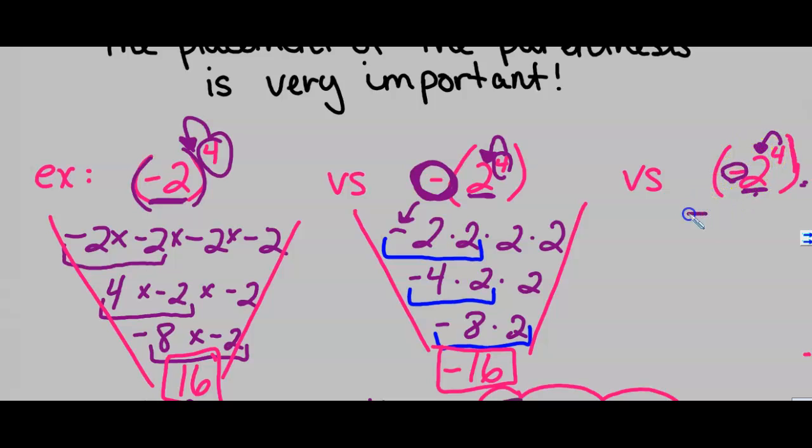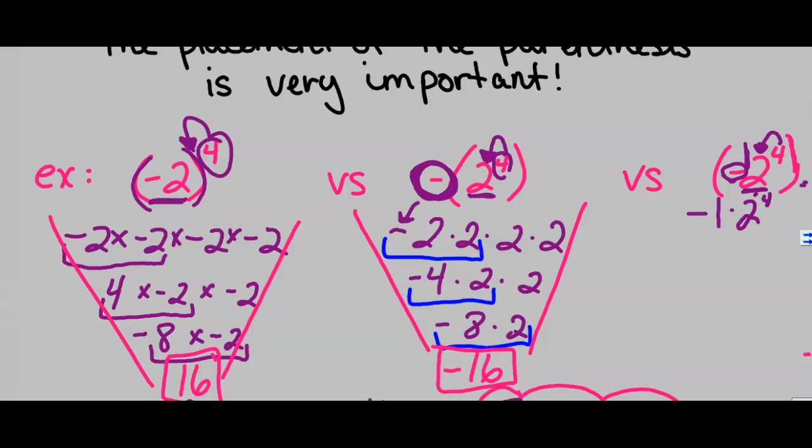Here's why. I can just input a 1 and say this is the same as negative 1 times 2 to the 4th. Because anytime we multiply by a 1, we just get that other number. Okay? So the 1 just kind of disappears. It's understood to be there, but we don't really write it all the time.